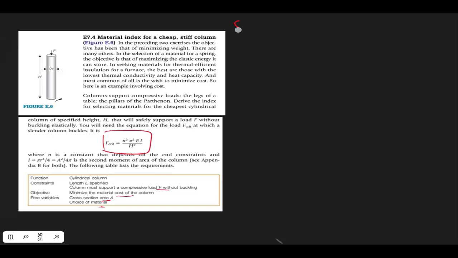So step one is to derive the objective function. The objective function in this scenario is cost, since the objective is to minimize cost. Anytime you go to the market to buy a material, they tell you 1 kg of this material is $5, or 1 kg of this material is $10.